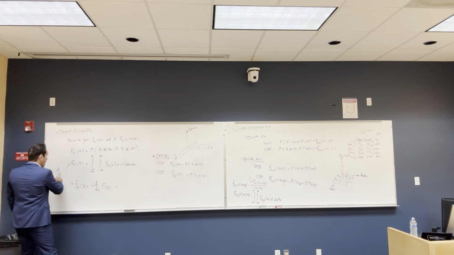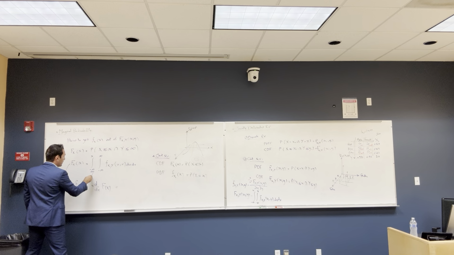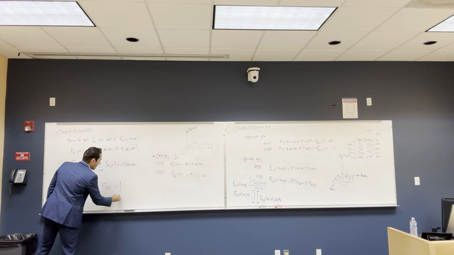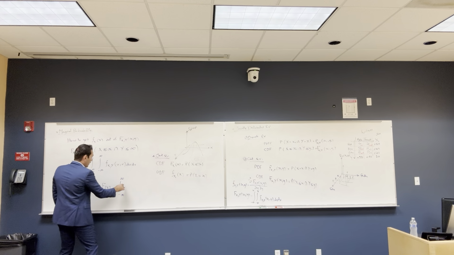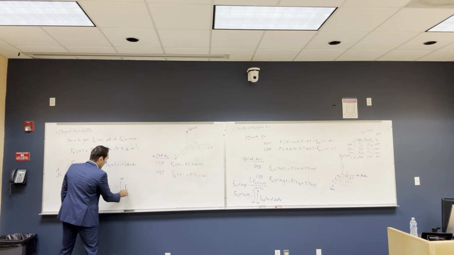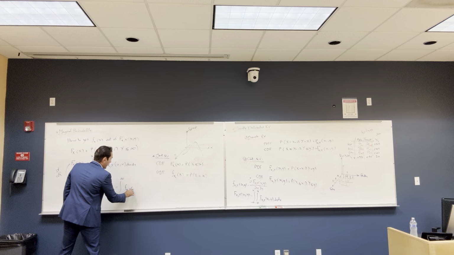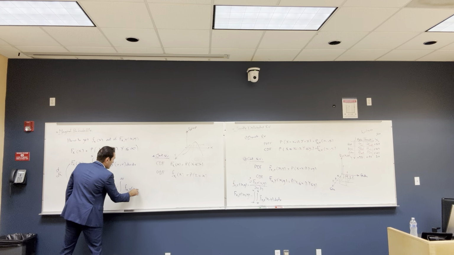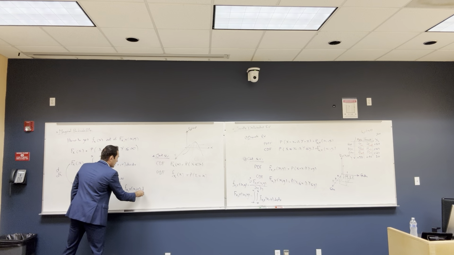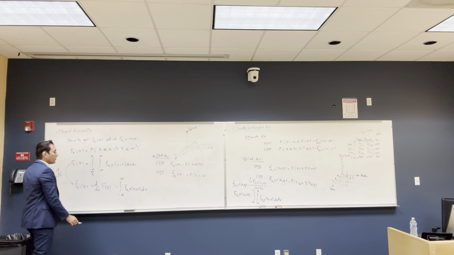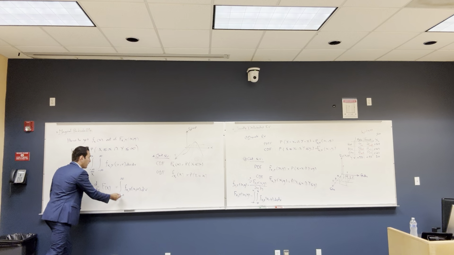So if I differentiate this with respect to x, basically this is gone, and I'm going to end up with the integration from negative infinity to infinity of f_xy, with x here and v here, so u is going to be x, and then dv. And this is the integration in the y direction from negative infinity to infinity.